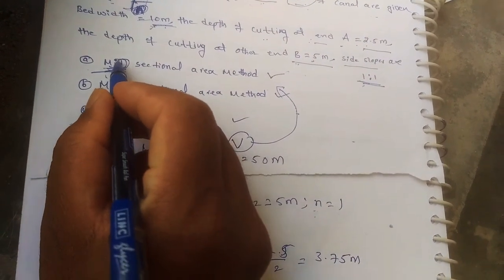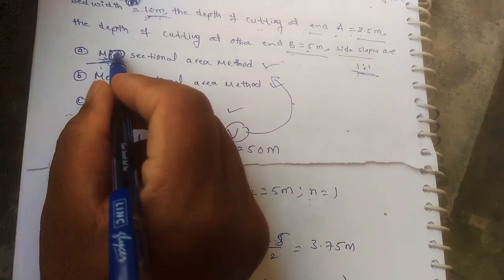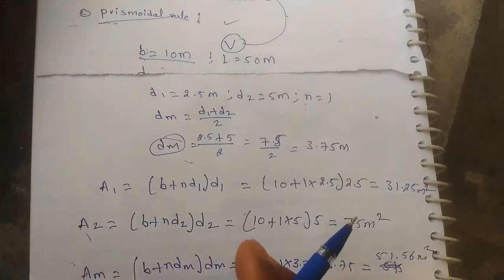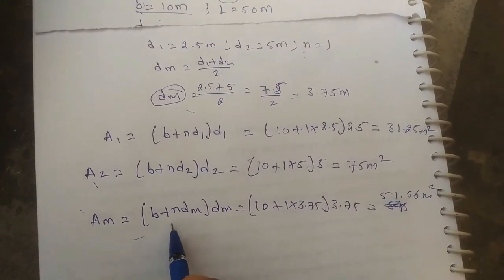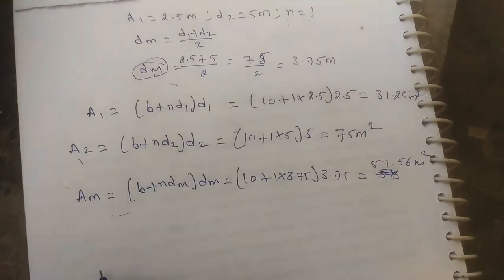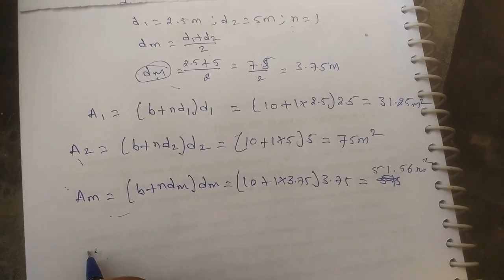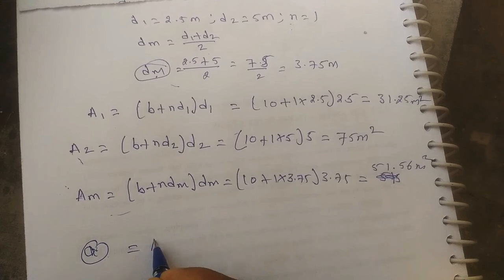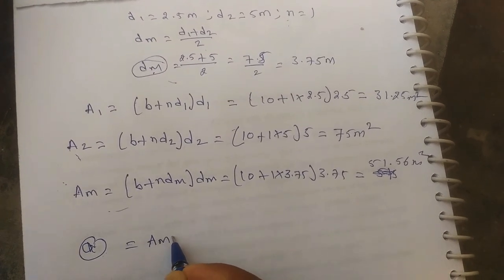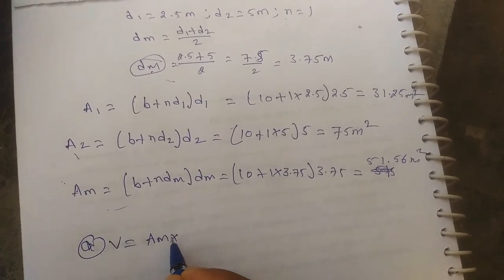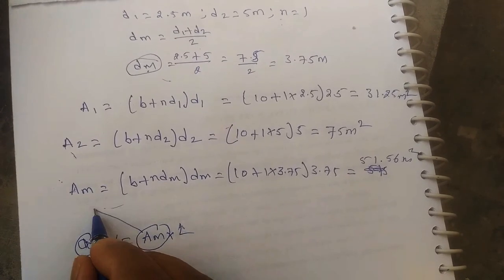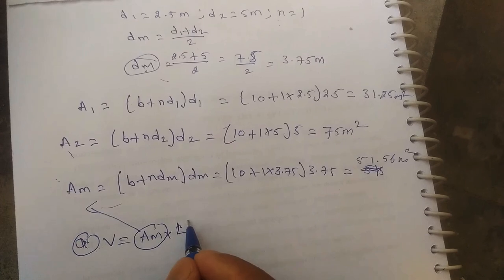See, first he has asked the mid sectional area method. Mid sectional means we have to average the depth of the canal sections, so this is nothing but dm. For the mid sectional method the formula is Am into L. Am is nothing but this one, the mid sectional area, into length.